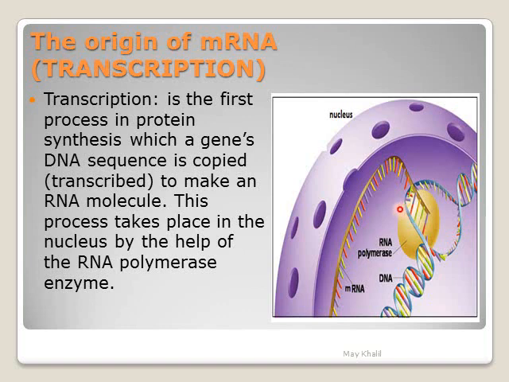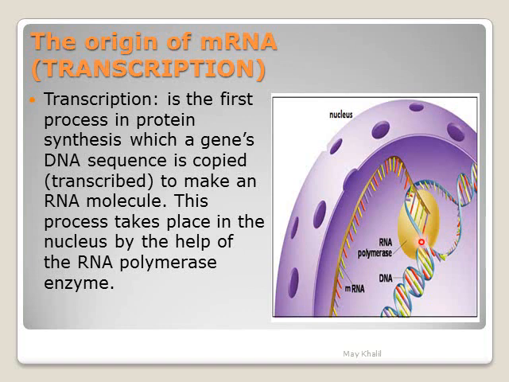That's why the origin should be inside the nucleus, where the DNA is located. The origination of this RNA molecule is known as transcription. So we are going to call this step transcription, and it is the first process of protein synthesis, because the RNA molecule is going to be transcribed from the DNA molecule.